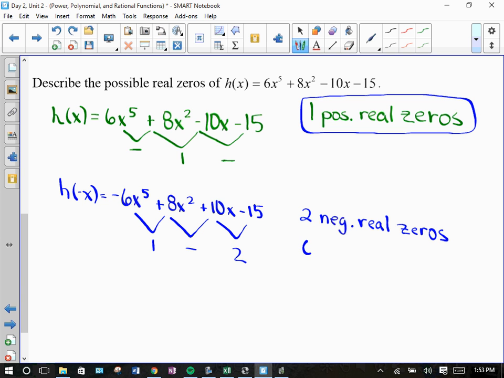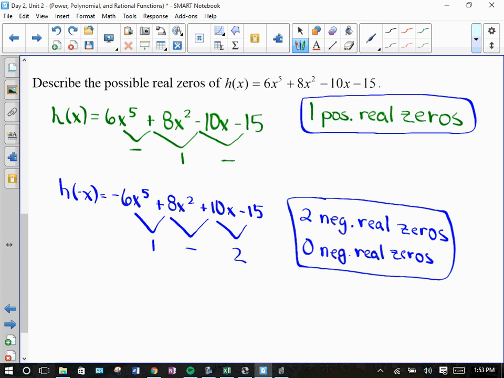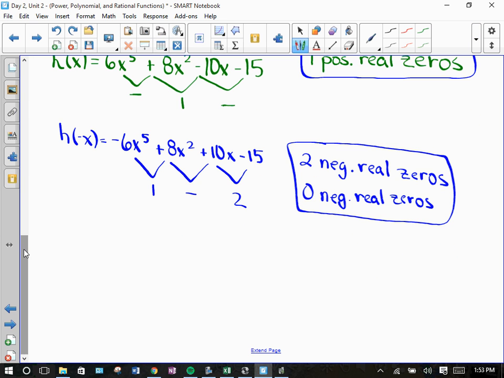It can be 0 negative real zeros. Alright, now we're going to make a table. So, I have options for the number of negative real zeros, no options for positive real zeros. So I'm going to go positive, negative, and for imaginary, I'm going to put odd. Odd is bad.